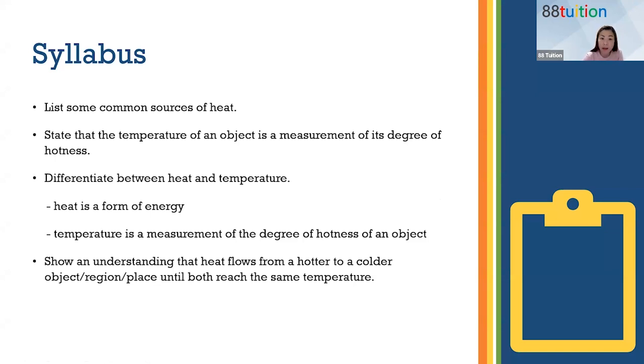Then temperature, I didn't ask you to type it in, but you should know it is a measurement of how hot or how cold a substance or an object is. Okay, it can be solid, it can be liquid, it can be gas also. Now, show an understanding that heat always flows from hotter region to colder region until they both reach the same temperature. Clear about that? Okay, so there's always heat flow in what sense? Always from some place that is hotter to some place that is colder until they are of the same temperature.